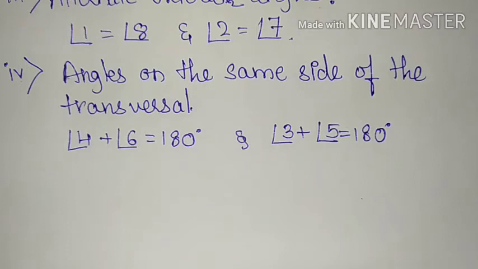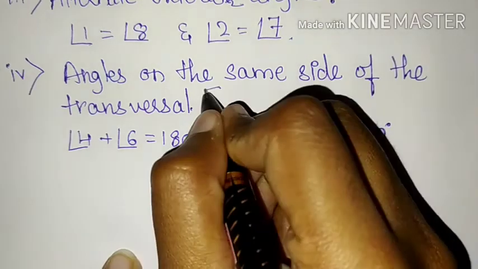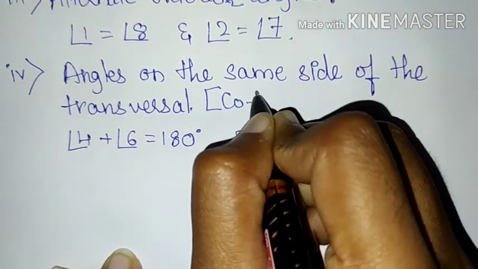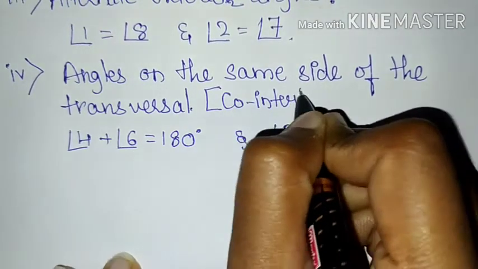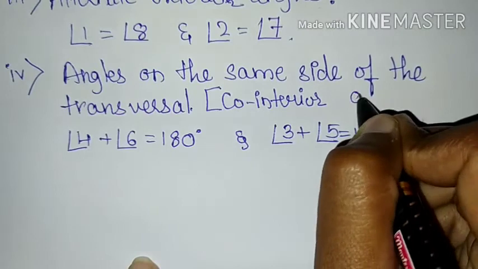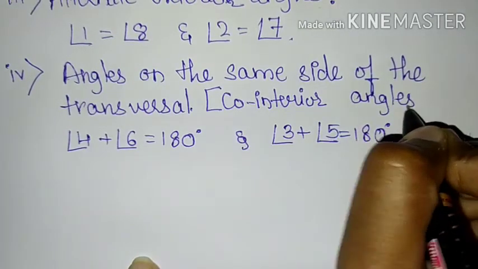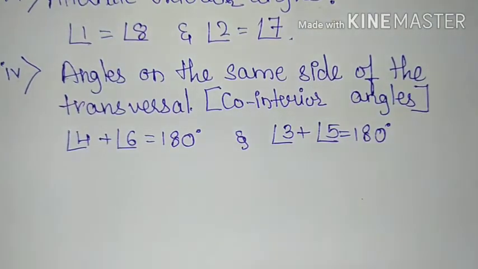Just like alternate interior angles or alternate exterior angles are just called alternate angles, similarly, we can call these angles on the same side of the transversal co-interior angles. This is another name for these kinds of angles.